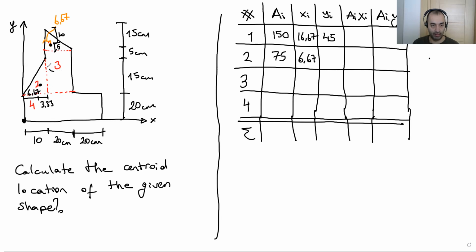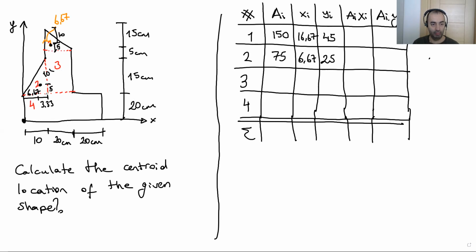Total height is here 15. So we are going to use 1/3 rule again. Here is 5, here is 10. The total distance to the x-axis is 20 plus 5, 25. Okay, we have just done the number 2.